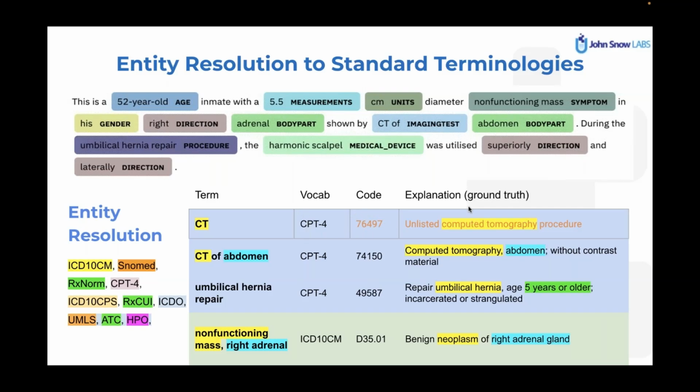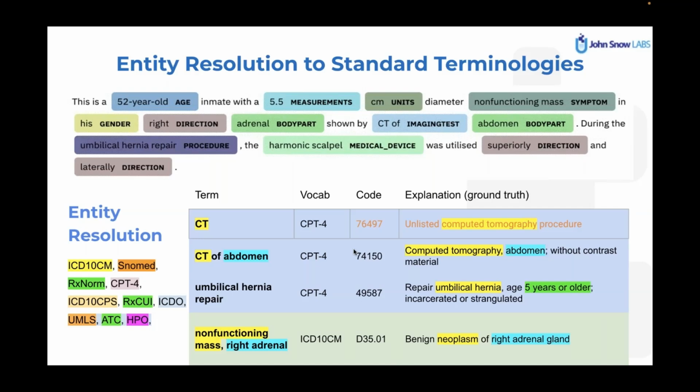This is the concept, and this is the explanation. But if we send the CT of abdomen to the resolver model, we can have better output with a different code, right? This directly affects the accuracy of our pipeline, of our outputs actually.